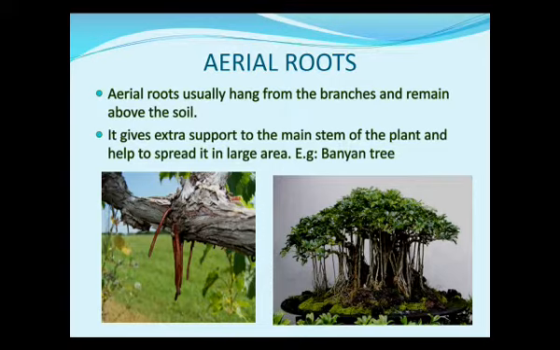And why is it so? These roots which are coming out of their branches are the stilt roots. They give support to the plant, and it helps the plant to spread in a large area. And the example is banyan tree. The same kind of thing you can see in the sugarcane plant also, that is prop roots.